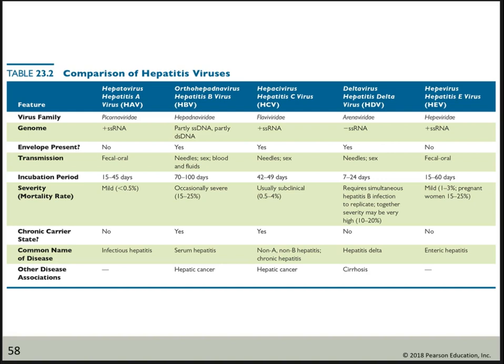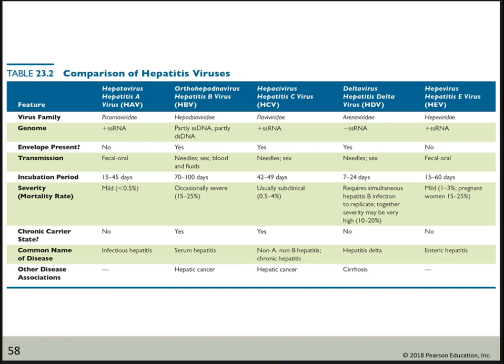The two that I haven't talked about yet are Hep D and Hep E. Now, what's really interesting about Hep D is that it requires simultaneous infection with Hep B to replicate. So if a patient just has Hep D, the virus can't replicate. It can only replicate in patients who also have a Hep B infection.